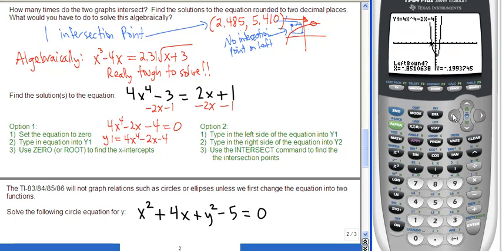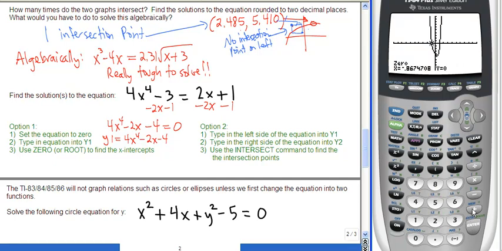Hit that left arrow button once. There's your left bound. Hit enter. Now arrow back down to where you think that 0 is, and this time hit the right arrow once. There's your right bound. Hit enter. Now go back to where that 0 is, and for your guess, hit enter.